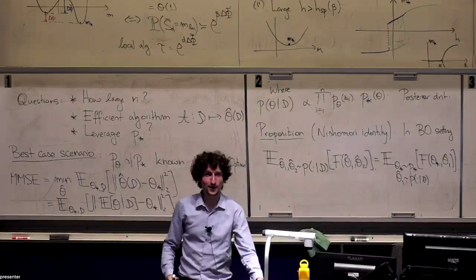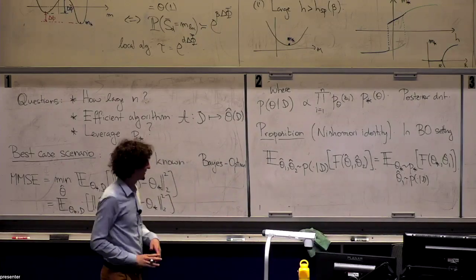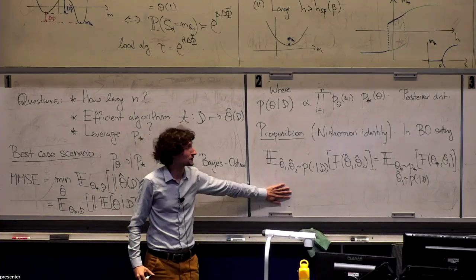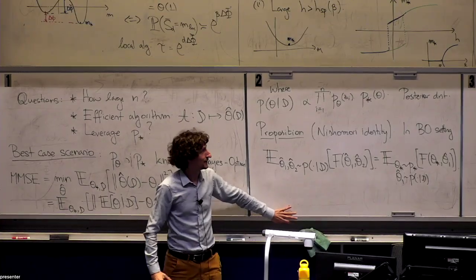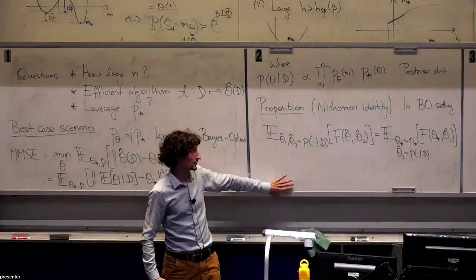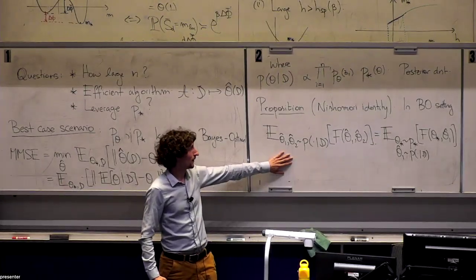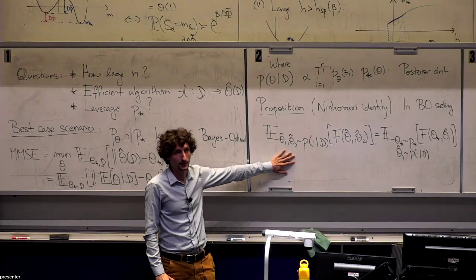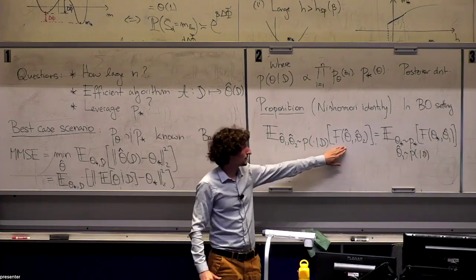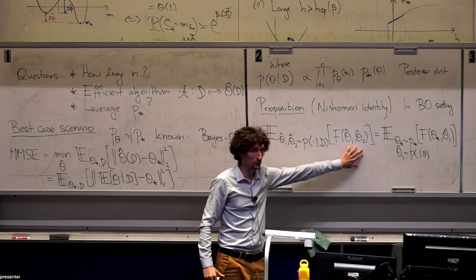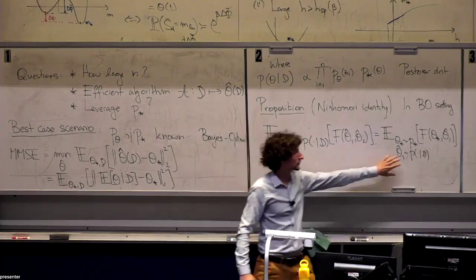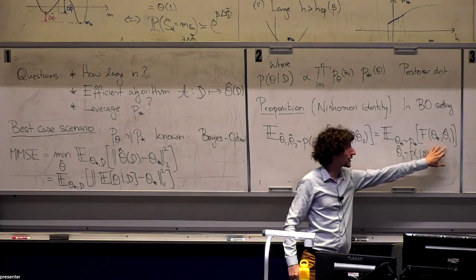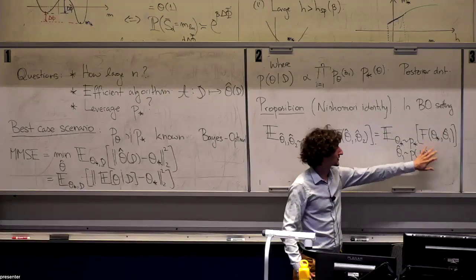Did anybody, apart from the speakers, see this before? Because this is something that is not very often taught in statistics, but it's actually quite easy to see if you just write down the definition, and it is a direct consequence of Bayes optimality. If you take any function of samples of the posterior, you can change one of them for the prior, and then compute the expectation with respect to that.